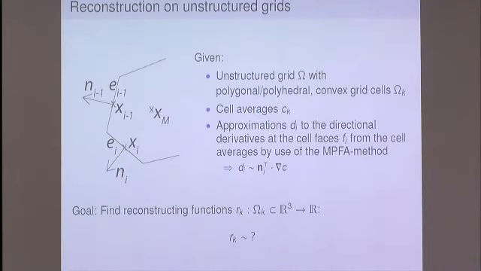Now we go to our unstructured grids, and the idea is to do the same in a similar way. So first we need approximations to the directional derivatives at the cell faces, and that we also want to compute from the cell averages.